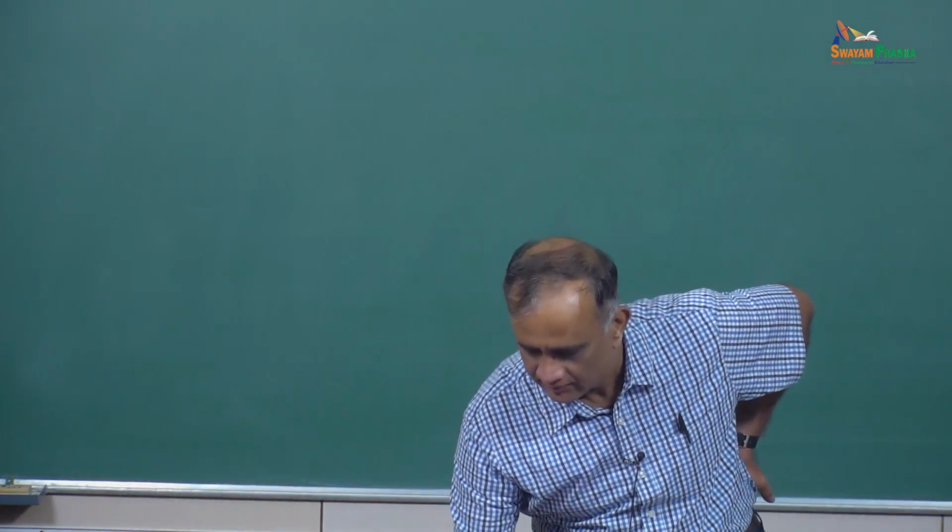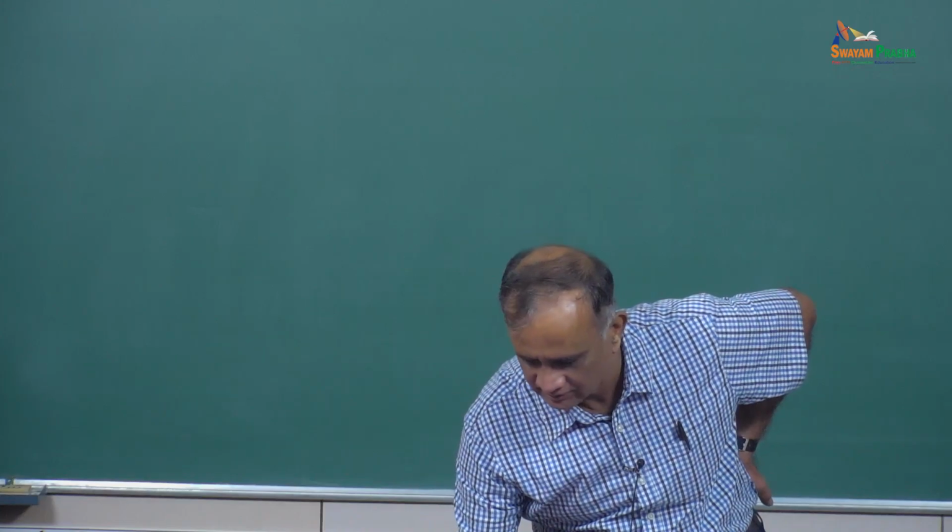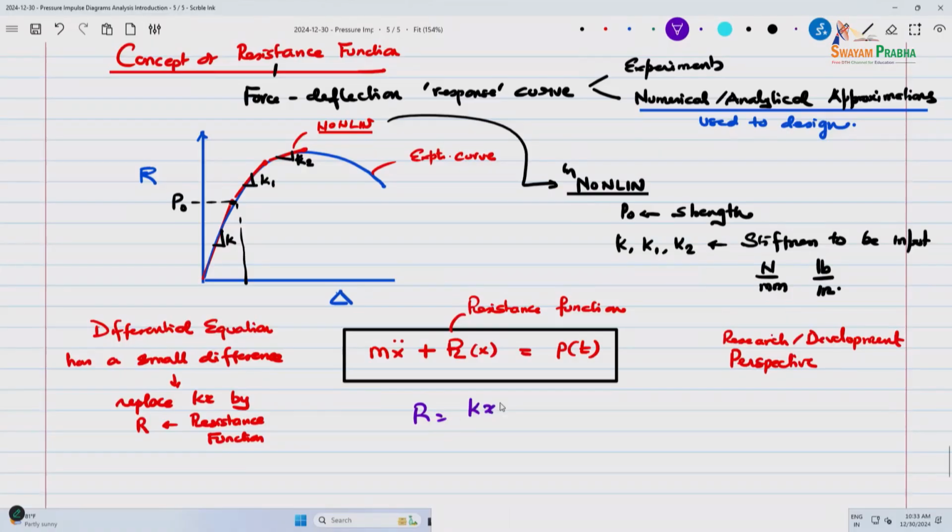So if the resistance function has three different expressions, it is kx for x less than or equal to x1, equal to k1 x for x1 less than x less than x2, and equal to k3 x for x greater than x2. This is in nonlinear.